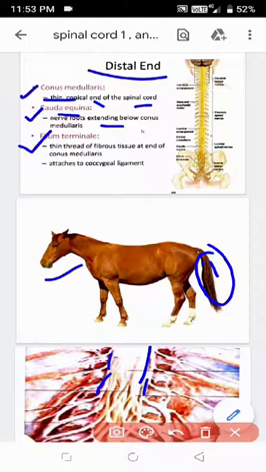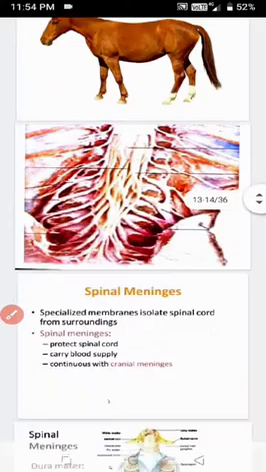And the filum terminale is a thin thread of fibrous tissue at the end of the conus medullaris, and it also attaches to the coccygeal ligament. See, you can understand it clearly here.